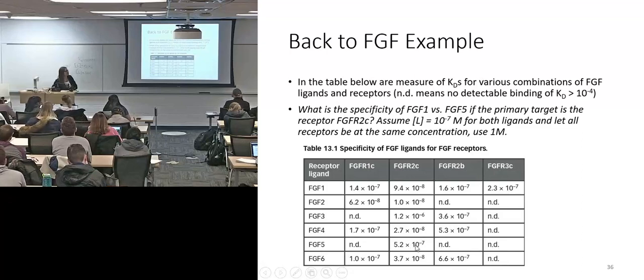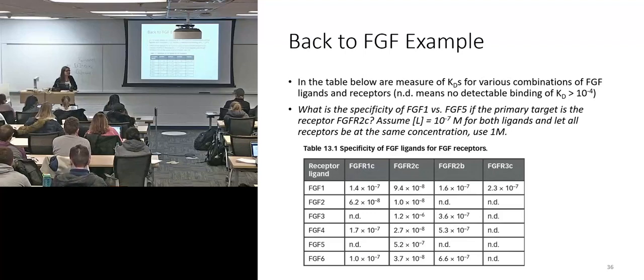So right now, before we do any math, what do I think the specificity factor will be for FGF1 when I compare it across all the receptors versus FGF5 when I compare it across all of the receptors? Which is going to have a higher alpha? Does FGF1 bind to other stuff?